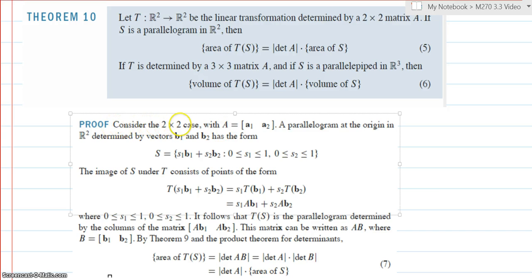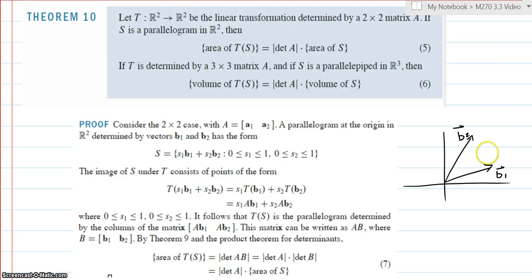So it says, consider the 2x2 case. That's this one, with A being A1, A2 vectors. So that's the matrix. A parallelogram at the origin of R2, determined by vectors B1, B2, has this form. S is equal to some S1 B1 plus S2 B2, where S1 and S2 are between 0 and 1.